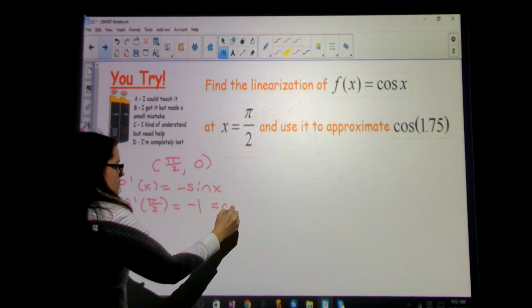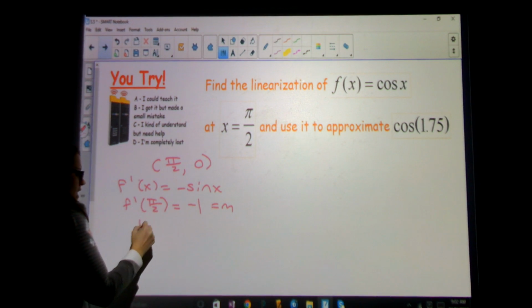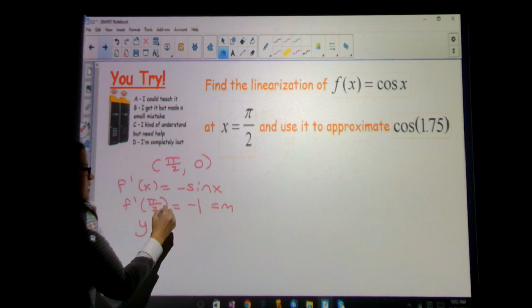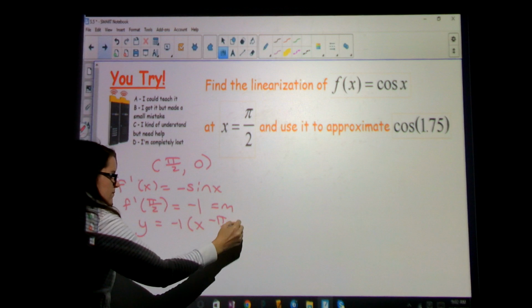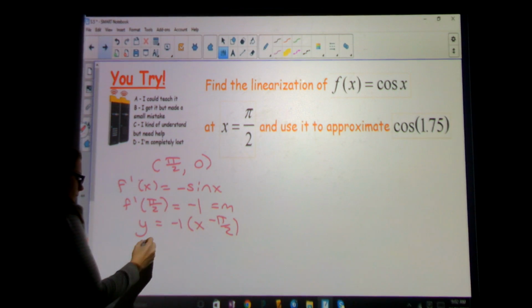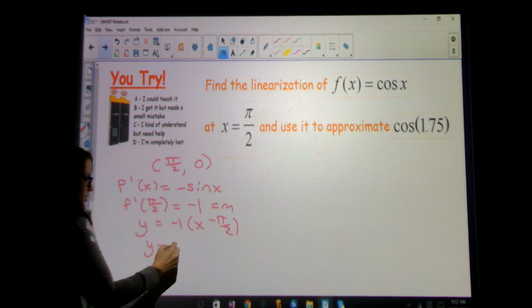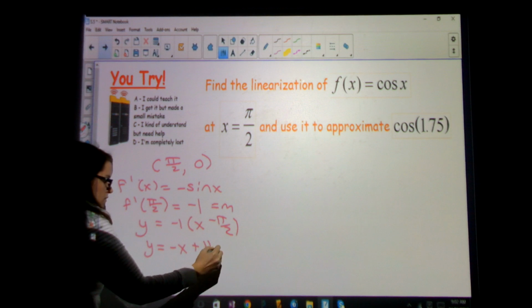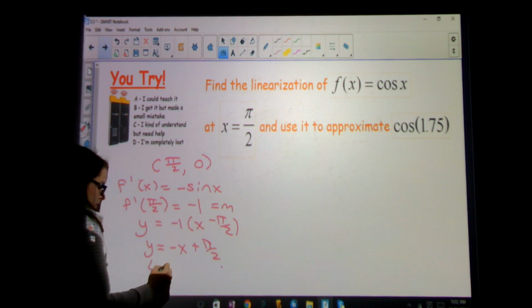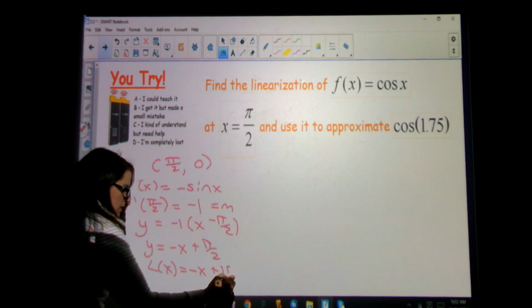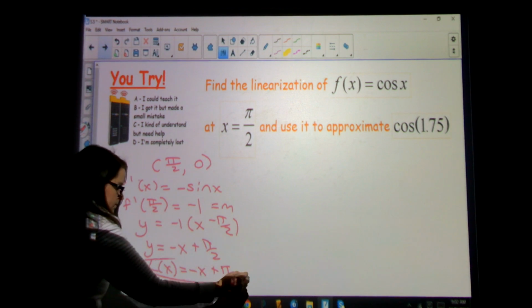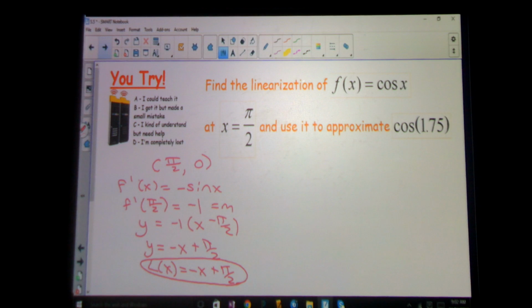So there's my slope. So my equation is y minus 0 equals negative 1 times x minus pi over 2. So I have y equals negative x plus pi over 2. Let me go ahead and replace y with L of x using correct notation. Okay, so there's my linearization.